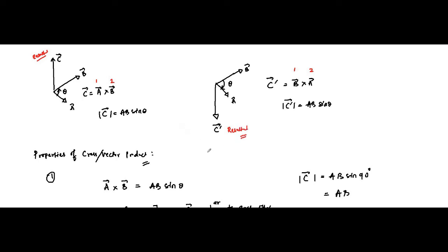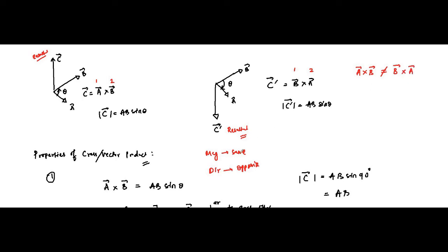In both the cases magnitude is the same, direction is opposite, and hence A vector cross B vector is not equal to B vector cross A vector.